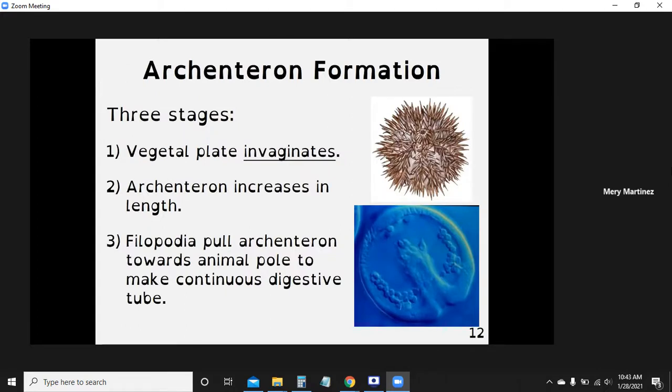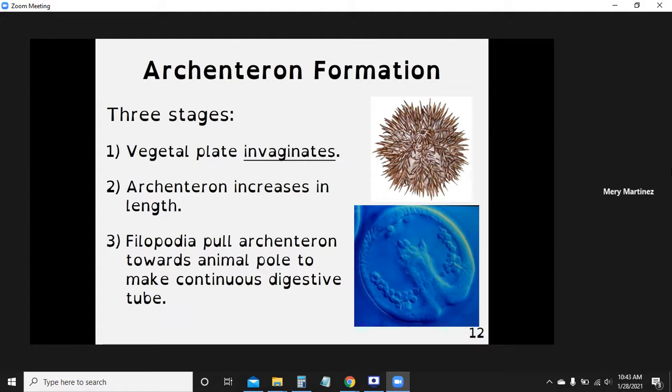So these cells will form a second structure. The first important structure was the blastocele, right? Then we have the primary mesenchyme. And now the second or third important structure is the Archenteron. So 3 stages are required for the formation of the Archenteron.